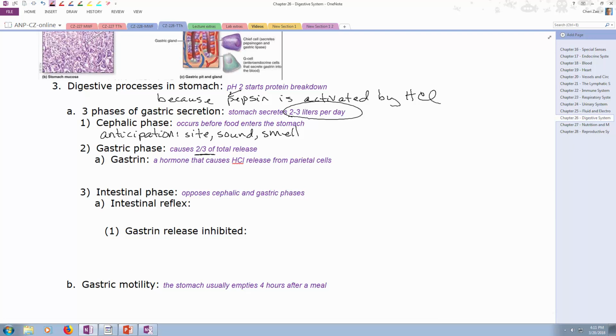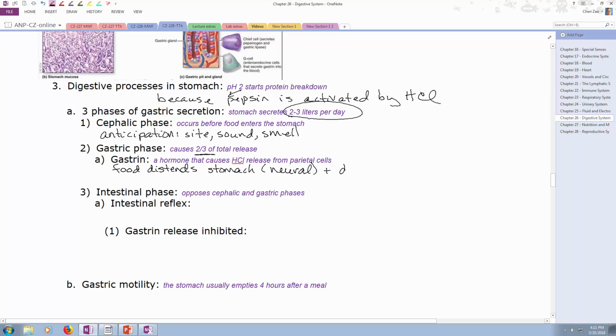It distends it. So a baroreceptor is going to be kind of part of this process. So stomach distension, so food distends stomach. And this is a neural mechanism that's going to stimulate gastric juice production.